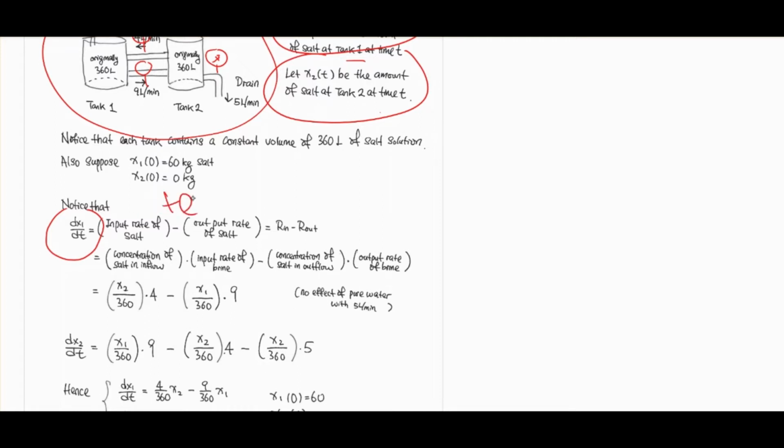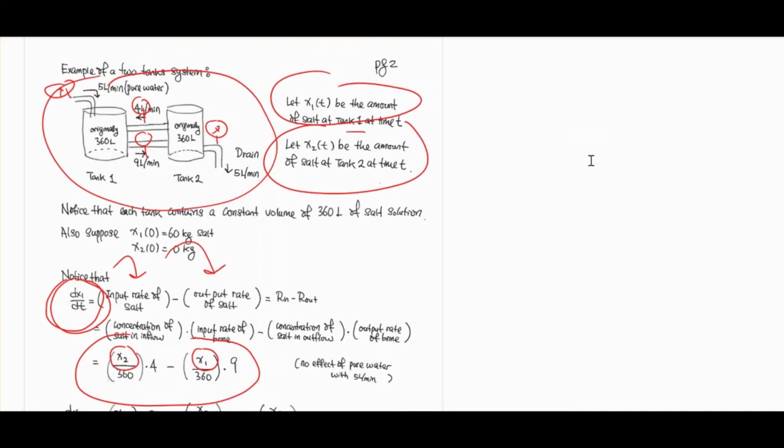Unfortunately, dx1/dt is measured as the input rate of salt minus the output rate of salt, and if you set up the equation, it is not only involving the quantity x1. It also involves the quantity x2, because if you look at the picture here, clearly x1 and x2 are interrelated.